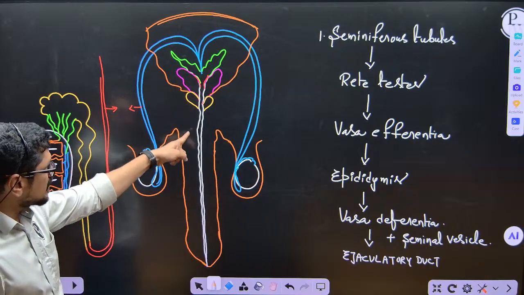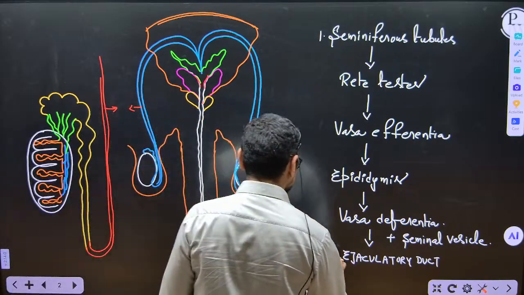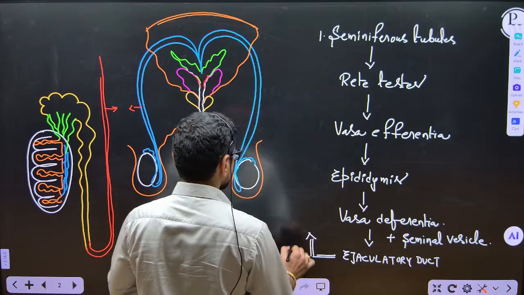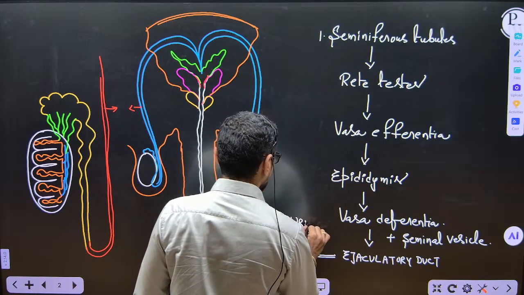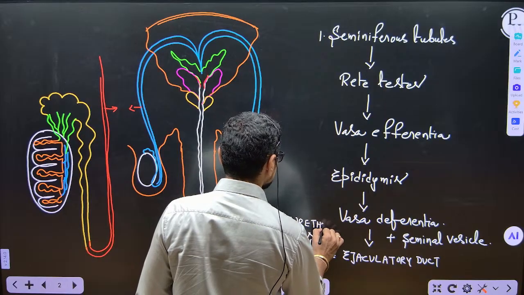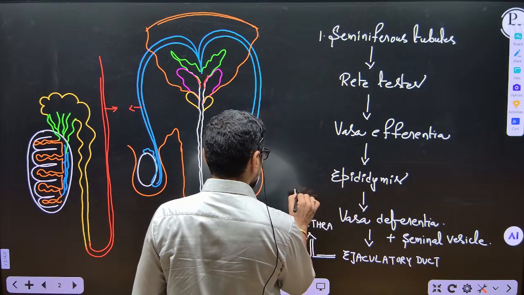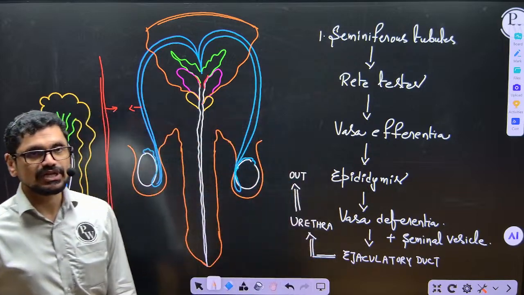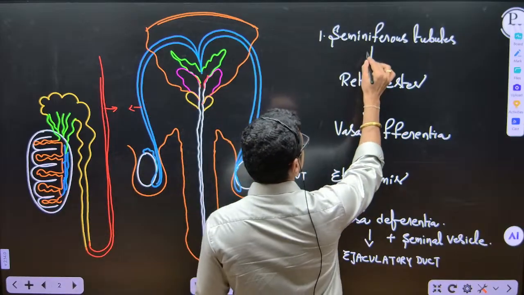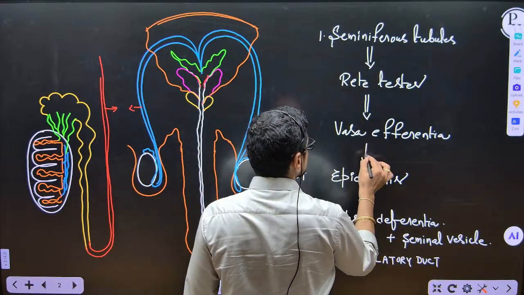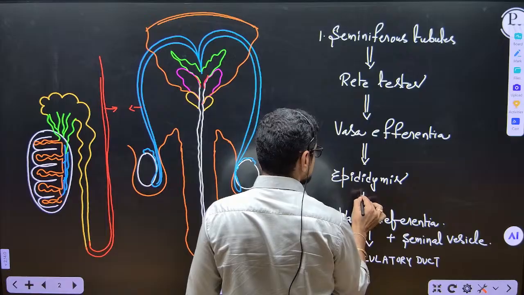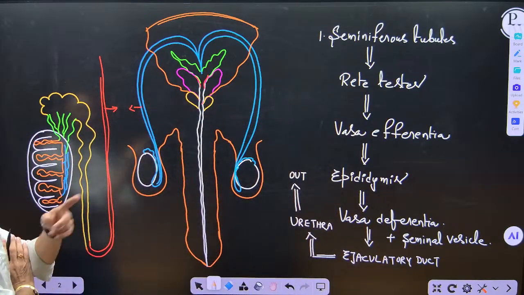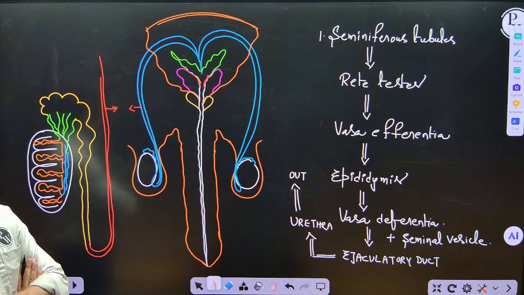And now the ejaculatory duct opens into the central part called the urethra. Urethra finally opens outside through the urethral meatus, which is nothing but the opening. So seminiferous tubules of the testis, rete testis, vasa efferentia, epididymis, vas deferens, ejaculatory duct, urethra. That is the sperm pathway, which is very important in the examination.